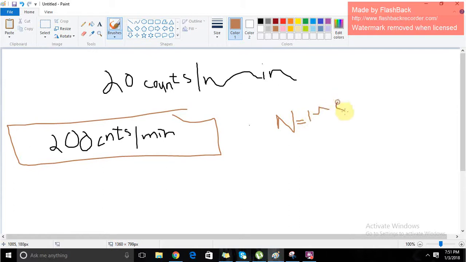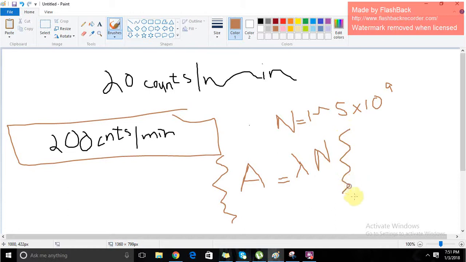Oh, 1.5 into 10 to the power 9. And what do you want us to know? We want to determine the decay constant. Like I said, A is delta N, and we want this in whatever form.